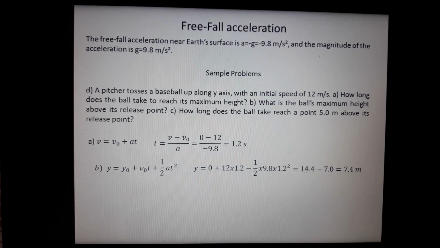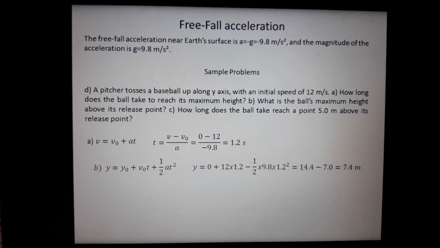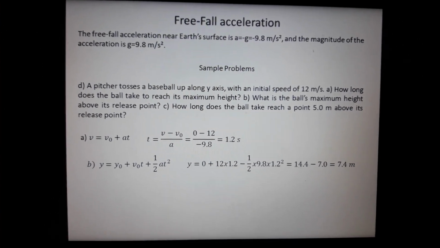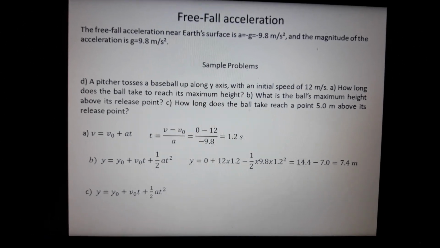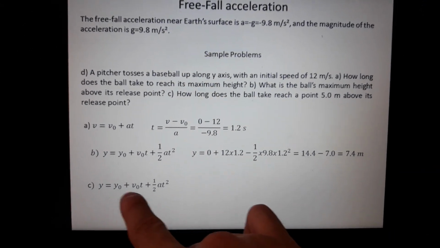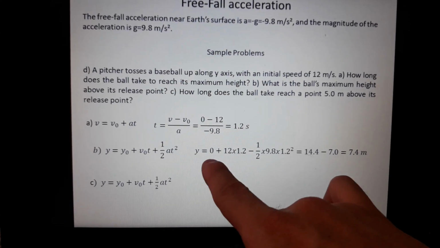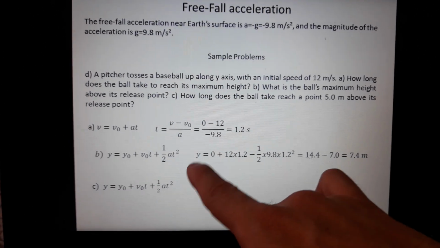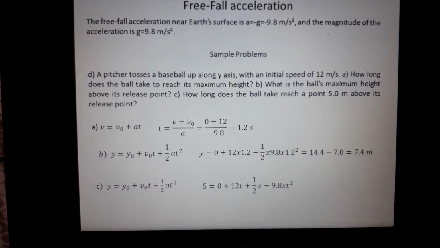In the letter C, how long does the ball take to reach a point 5 meters above its release point? We will use the same formula, putting here 5 meters and here 0 meters, since the initial position is 0.